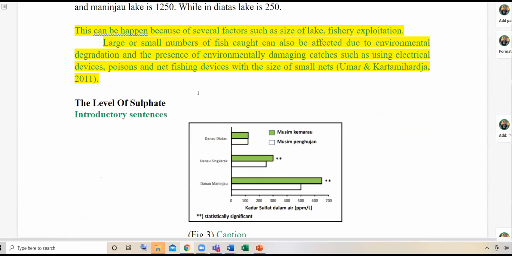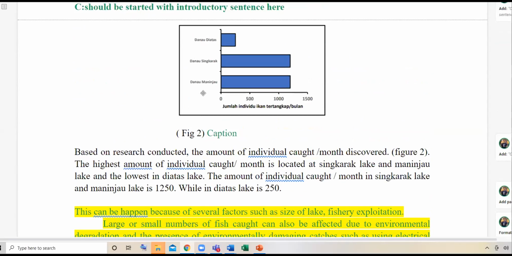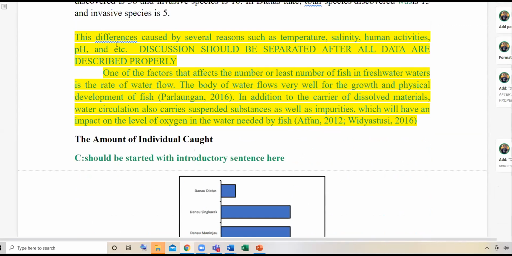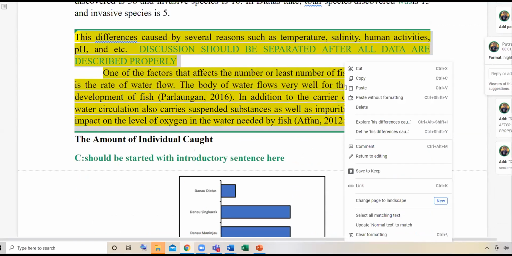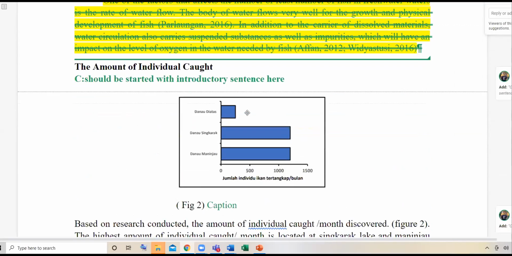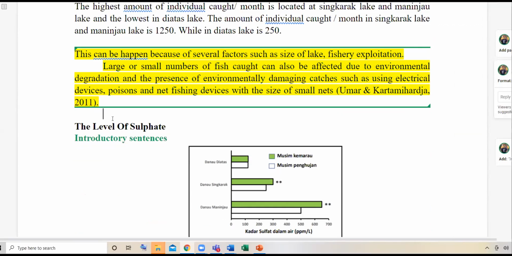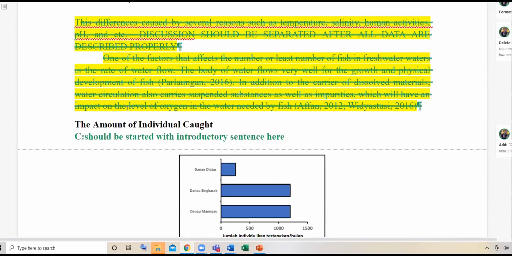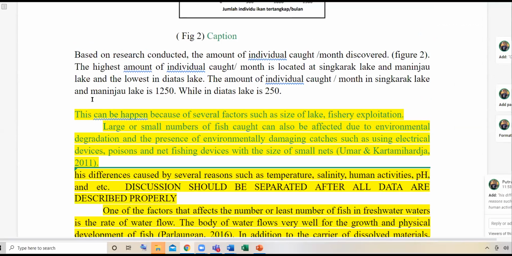So you don't have to put a subtitle saying this will be the part of the result, or will be the part of discussion, but you can collect. So you can move this one like this one. So let me cut here, and we can put it at the end. This one and this one as well.